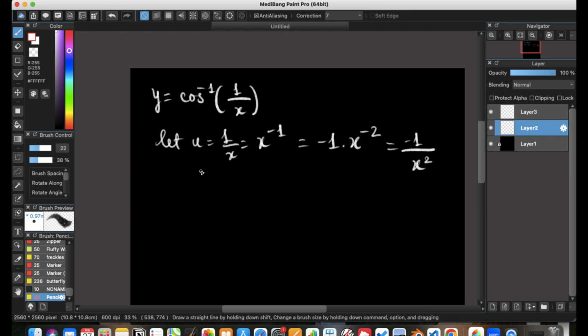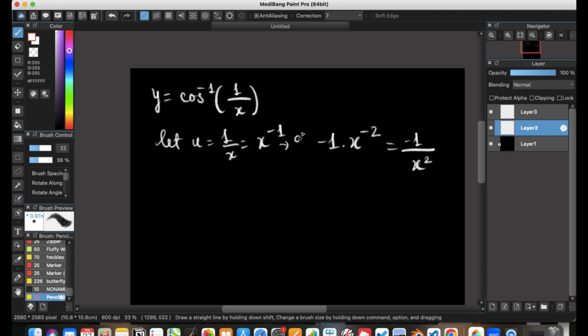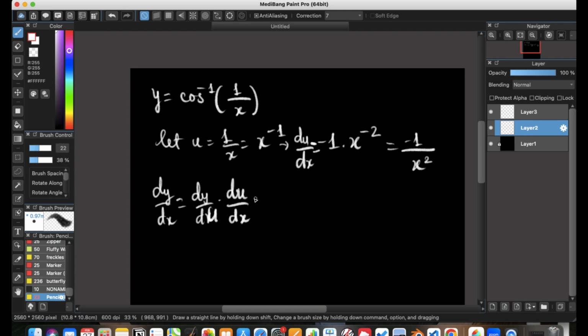And now, this du over dx. Okay, so here we're going to have dy over dx. So it will be dy over du multiplied with du over dx.